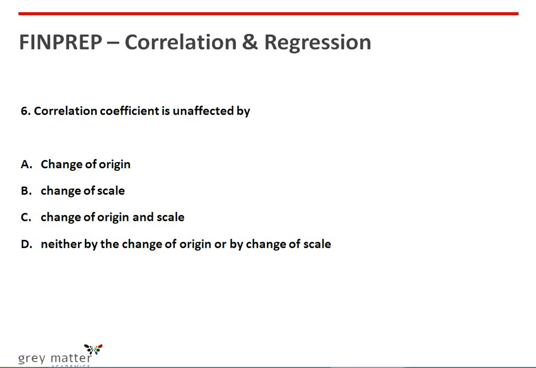So also the standard deviation, because covariance is nothing but a square of a standard deviation if it's a single variable. So neither the covariance nor the standard deviations are affected by change of origin. So correlation is unaffected by change of origin. So the option is A, which says it is unaffected by change of origin.